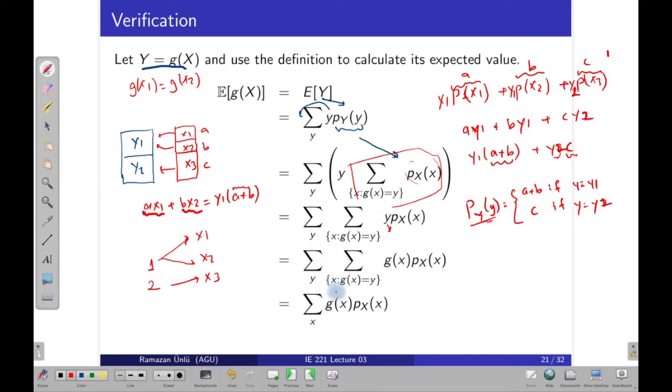These are going to be x1 plus x2. And in the second step, I will change the value of y to 2, and I will look at the corresponding x value, which is x3.